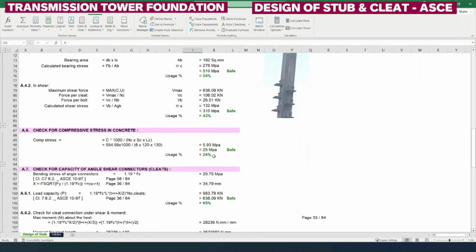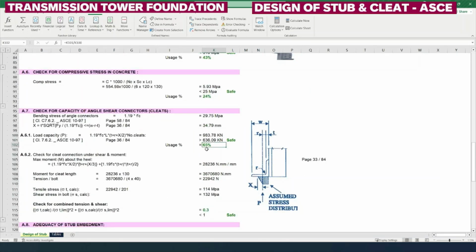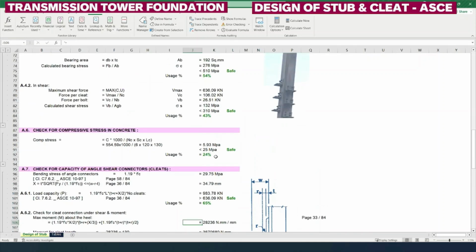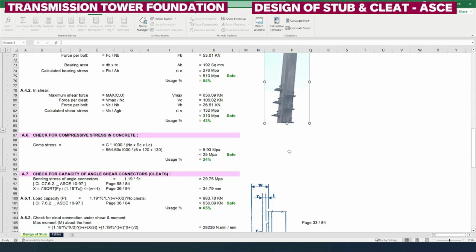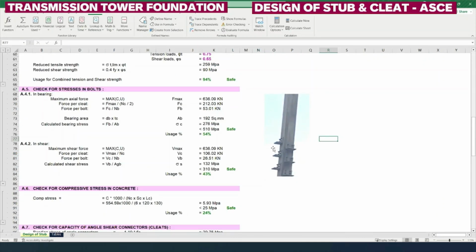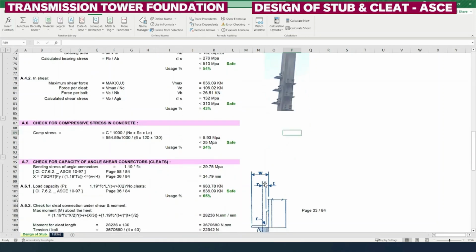By changing this, the load bearing capacity is coming to a usage factor of 0.65, or usage percentage of 65%. So it became more safe compared to earlier. So we can have 6 cleats with 4 bolts of M16 connected to the stub angle as our design requirement.